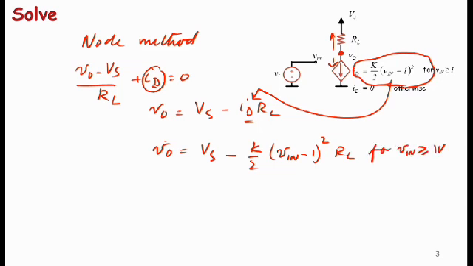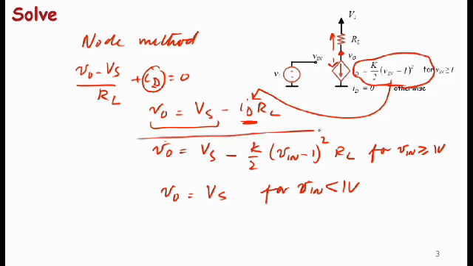Now what happens when V in is less than 1 volt? What's the value of V naught when V in is less than 1 volt? Well, when V in is less than 1 volt, ID is 0. So when ID is 0, V naught is simply equal to Vs. This is for V in less than 1 volt.